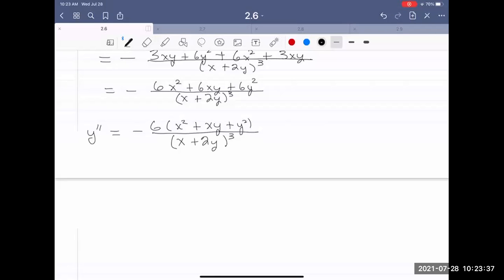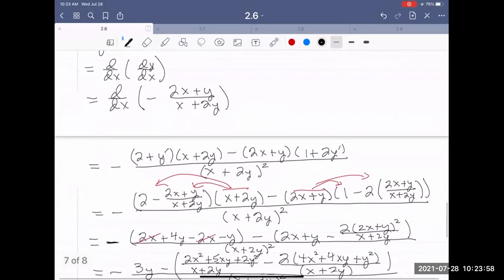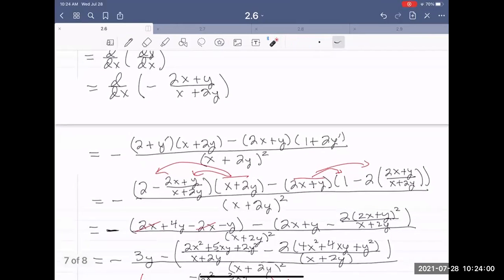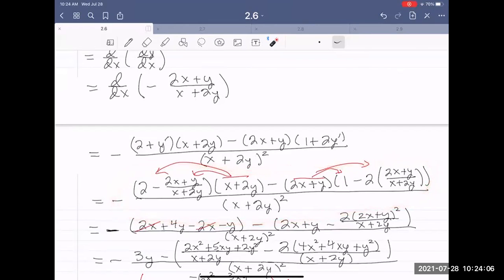Okay, so that's your second derivative. I guess the hard part is simplifying it to something where it looks at least decent. I just sort of am prejudiced against leaving it as this complex fraction.